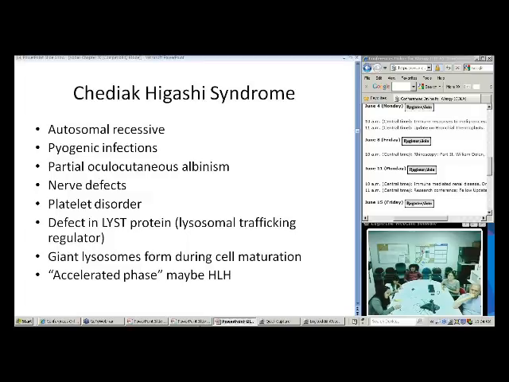And then most patients who have not undergone transplants come to an accelerated phase of Chediak Higashi by age 10 or so. This accelerated phase is sort of a lymphoma-like stage, and it may just be hemophagocytic lymphohistiocytosis, so an HLH syndrome.